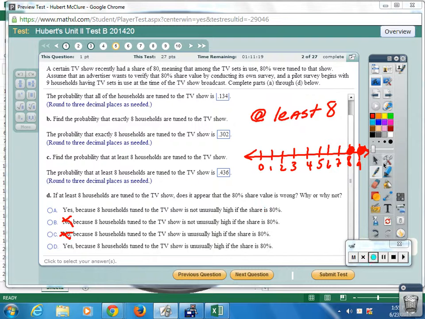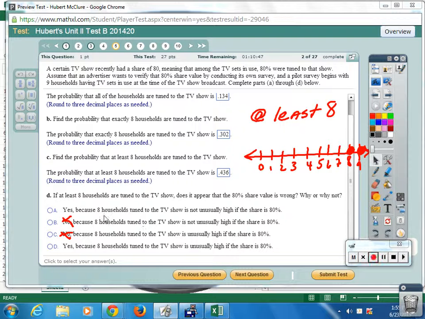Well, first of all, I don't know what a share is. It says a certain TV show recently had a share of 80%, meaning a share of 80%. Well, it looks like to me it's high. It's wrong because ours is low and theirs is high, but I don't understand what they're asking. So it's not unusually high. Does it appear that the 80% share is wrong?